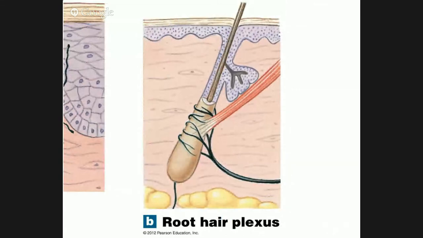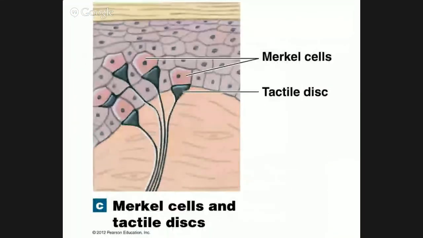If you have an insect on your skin, you usually only know of it because when it's walking along your skin, it moves hair, and you can feel that through root hair plexuses. The Merkel cells that are in the basal layer of the skin, and this picture doesn't represent that correctly, associate with nerve endings, and together the Merkel cells and the tactile discs sense a particular aspect of touch on the epidermis.